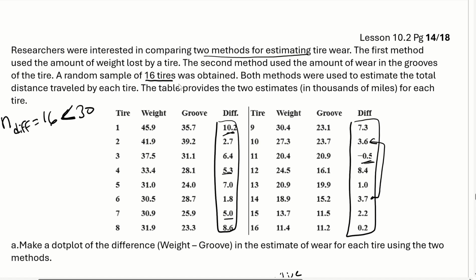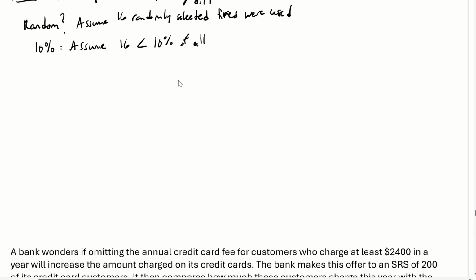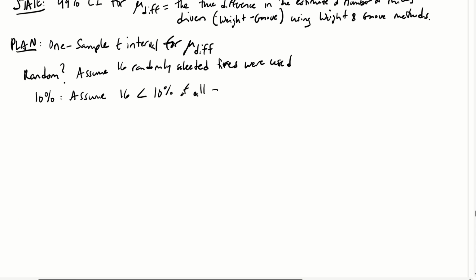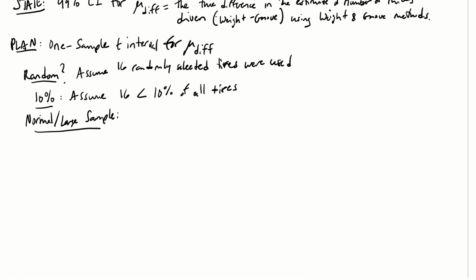So this is just tires in general, right? Okay, so less than 10% of all tires, which is safe to assume. And then we have the normal large sample condition. So we got random, 10%, normal large sample.